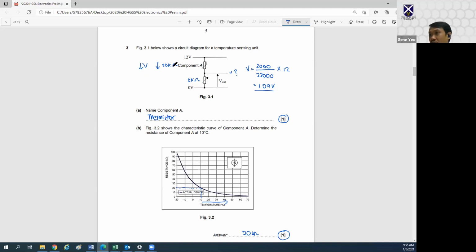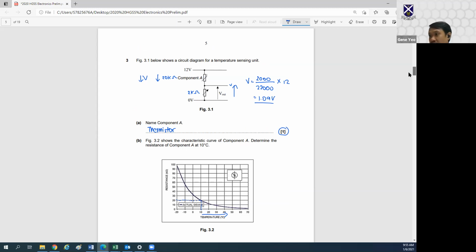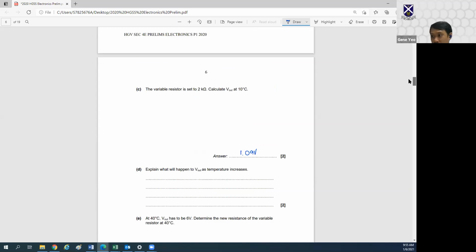And if the voltage across this thermistor drops, what happens is that the voltage here, the V out, will start to increase. Okay, so when the V out increases, basically, that's what happens.